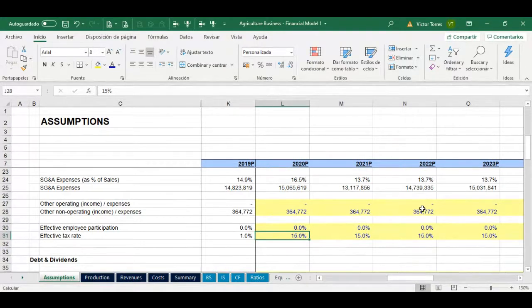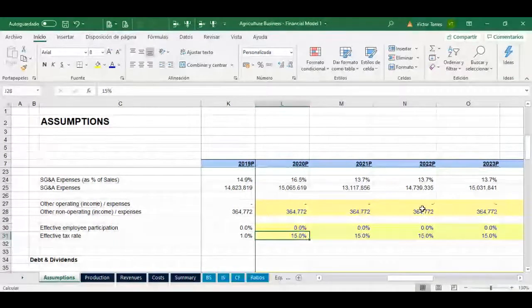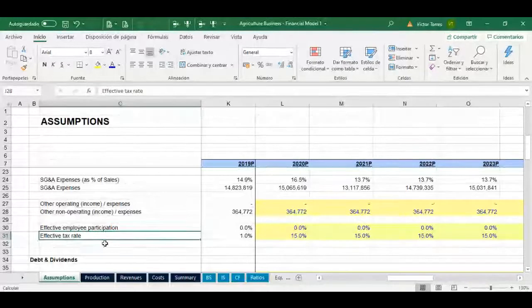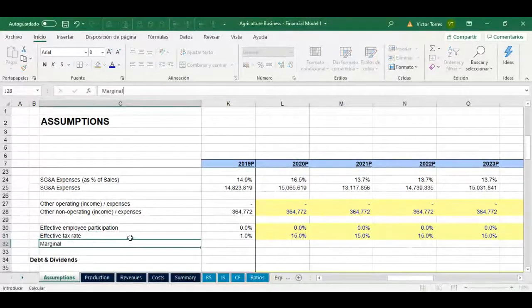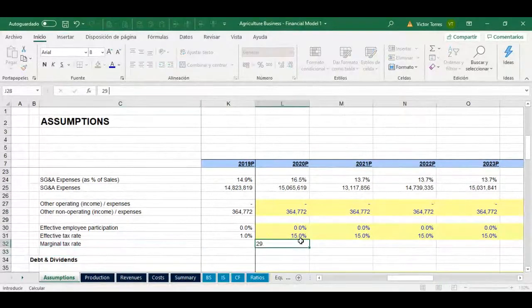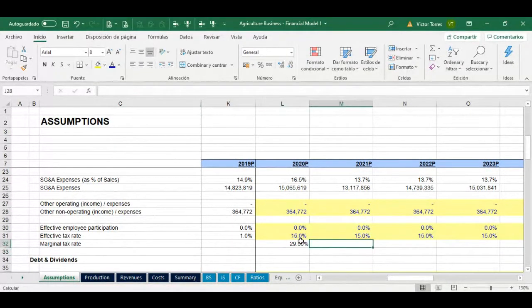And here they had an effective tax rate of 15%, right? So the first thing you're going to tell me is, hey, wait a minute, in Peru right now it's 29.5. There are several issues we should consider regarding this element, and in particular you want to look into the effective tax rate. There's going to be a difference between the marginal tax rate, the one we have been talking about, which is 29.5 for companies, and the effective one.